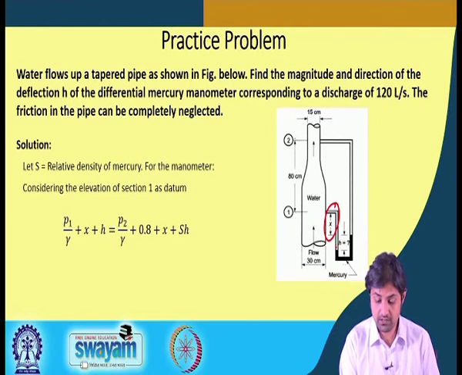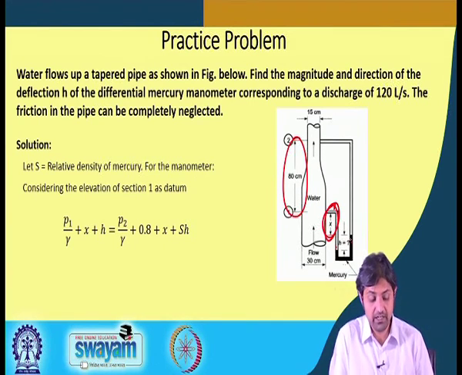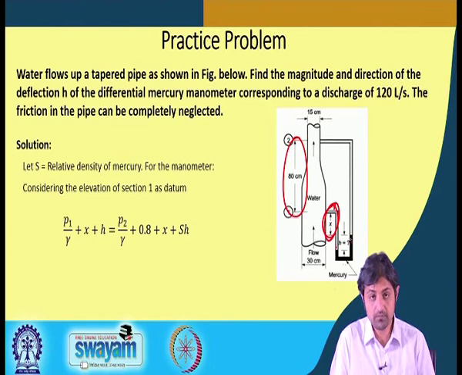What is 0.8? This is 0.8 plus X plus S into H, because this is the mercury, all right. Understood?